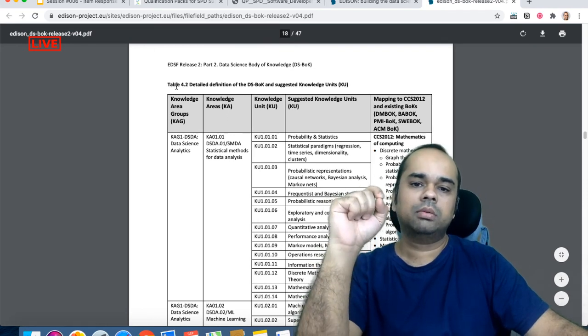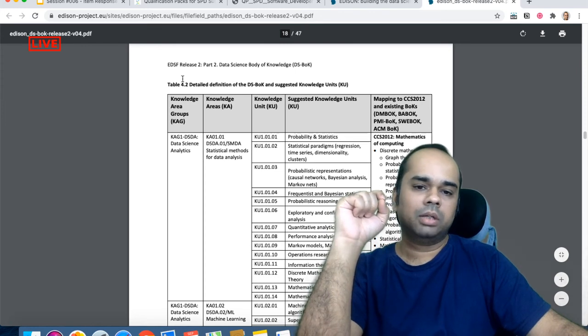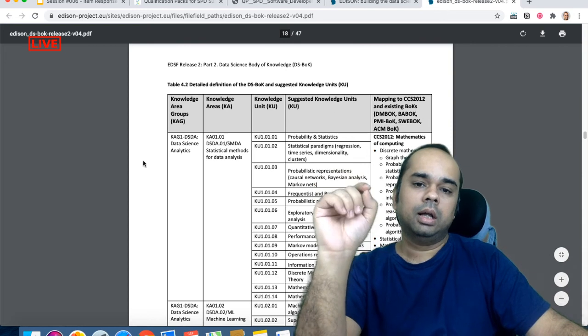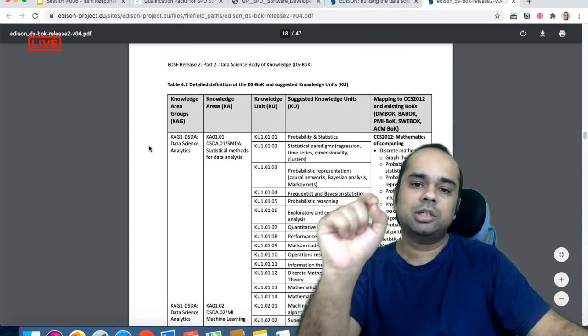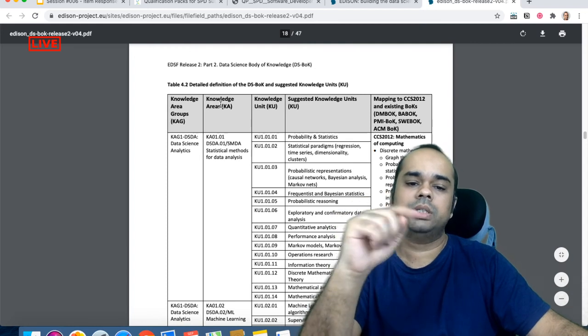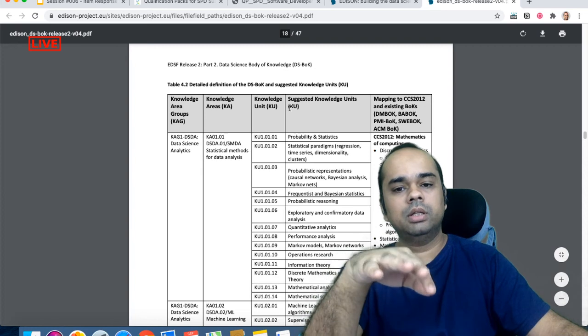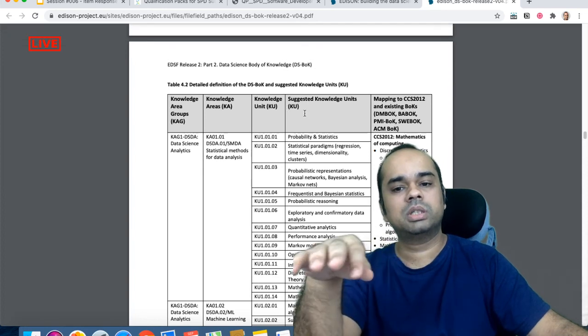In this book, on one of the pages, is a detailed definition of the DSBoK and suggested knowledge units. I want to pinpoint your attention to a specific place: there are knowledge area groups, knowledge areas within the groups, knowledge units, and within the knowledge units there might be even more subsections.